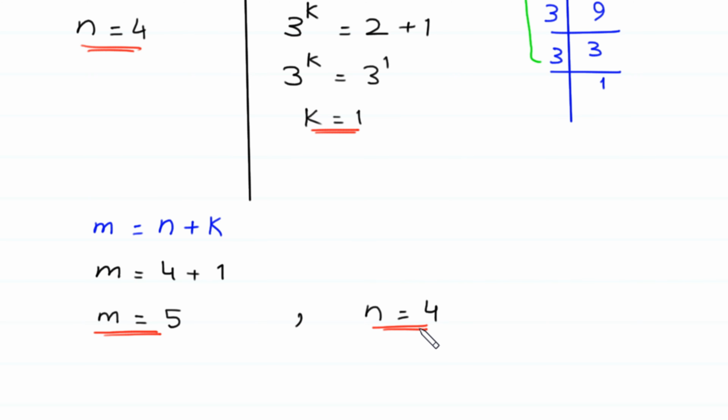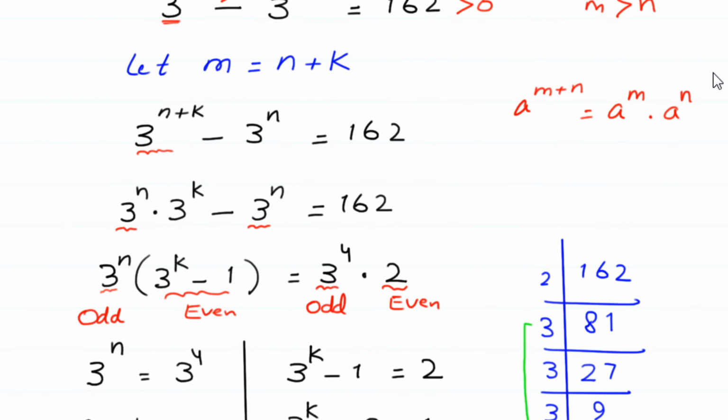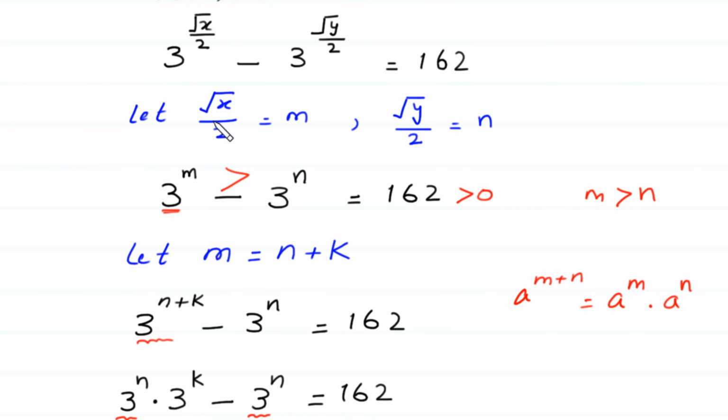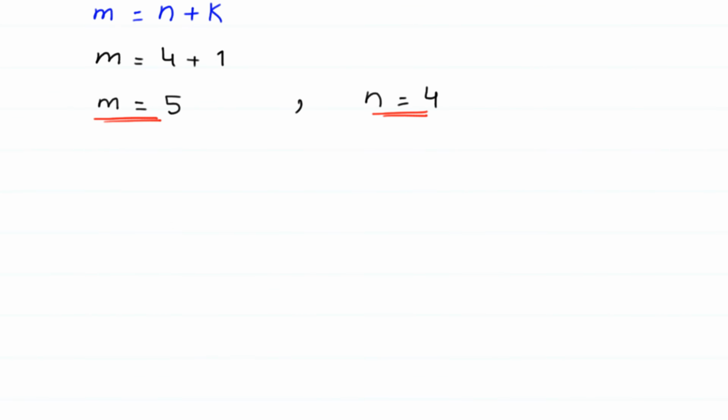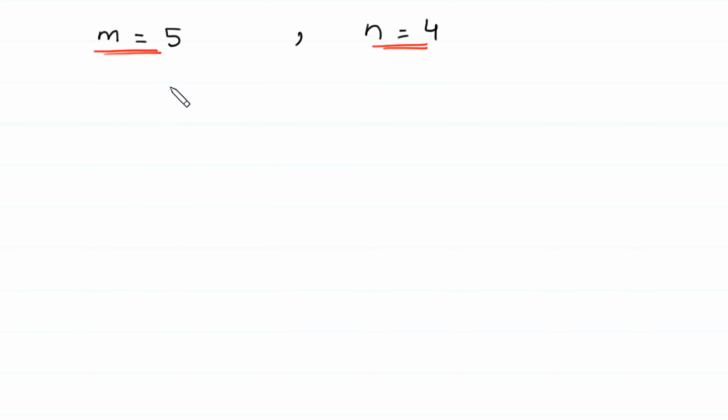Now recall that we have supposed that square root of x over 2 is equal to m and square root of y over 2 is equal to n. First we put the value of m 5 in this equation.